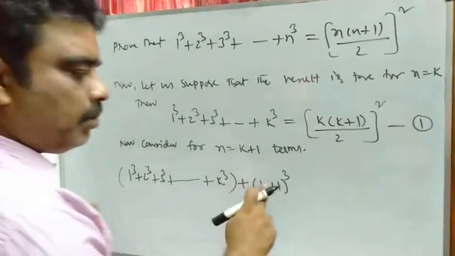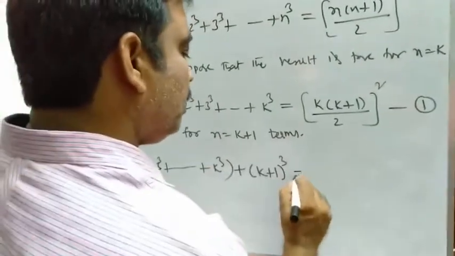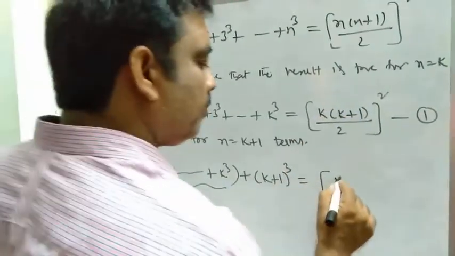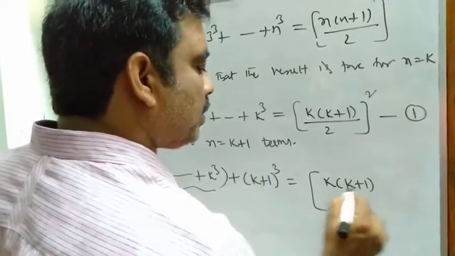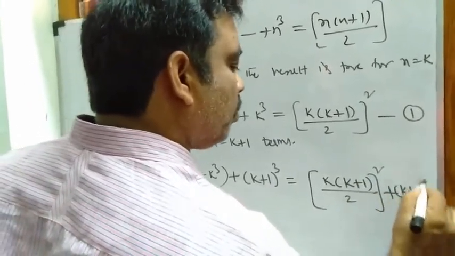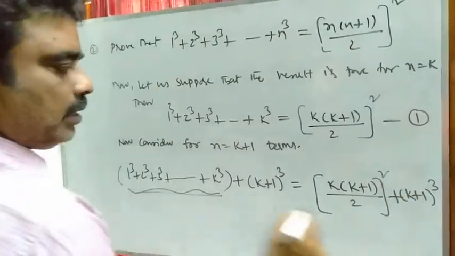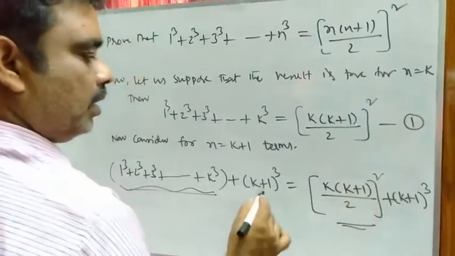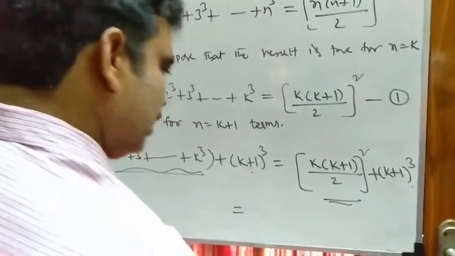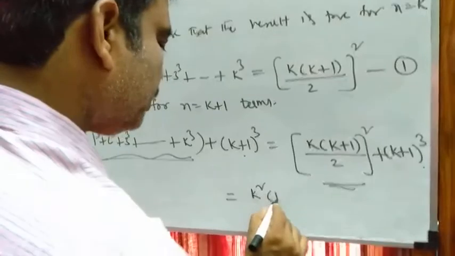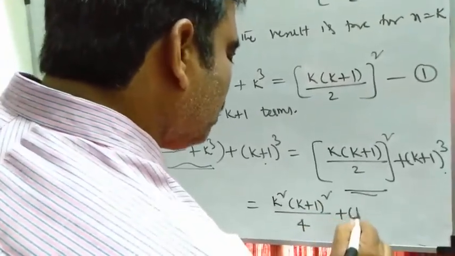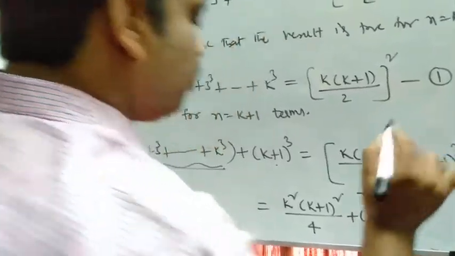Up to this value we know by equation 1, (k into k plus 1 by 2) whole square plus (k plus 1) whole cube. So this is equal to k square into (k plus 1) whole square by 4 plus (k plus 1) whole cube.